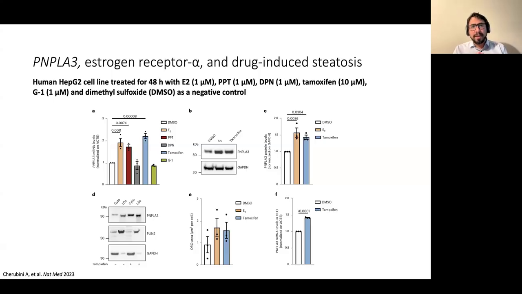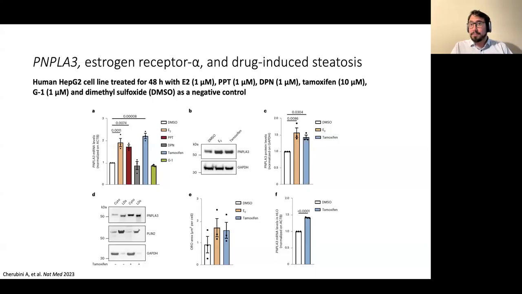So I think this data show a potential benefit in the assessment of PNPLA3 genetic status in those who will use tamoxifen or other similar medications.